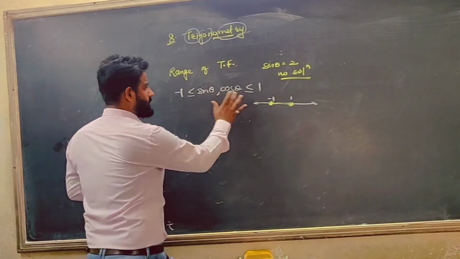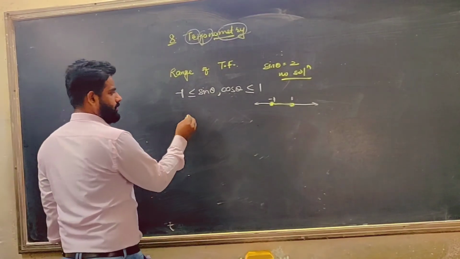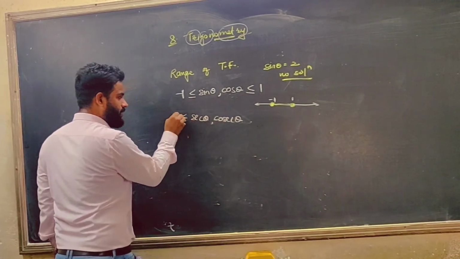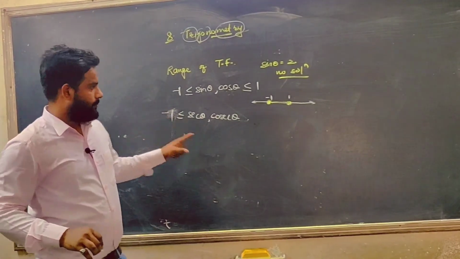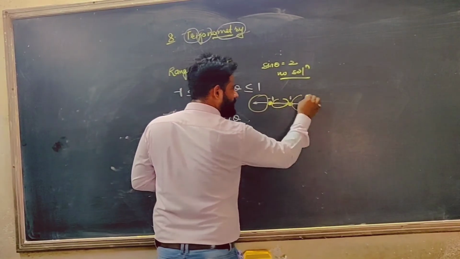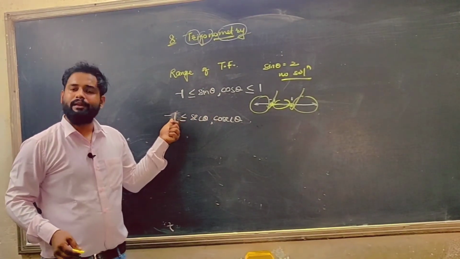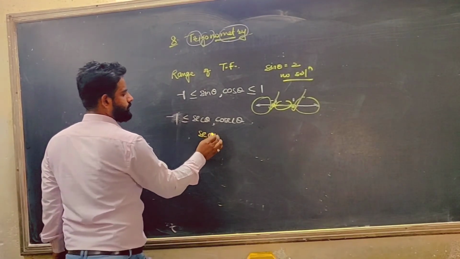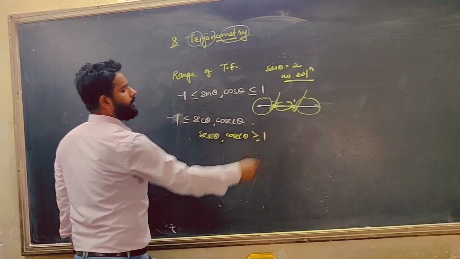So if sine theta and cos theta have minimum -1 or more than that, and 1 or less than that, what is their opposite? Sec theta and cosec theta, they will have a value either -1 or less than that, or 1 or more than that.